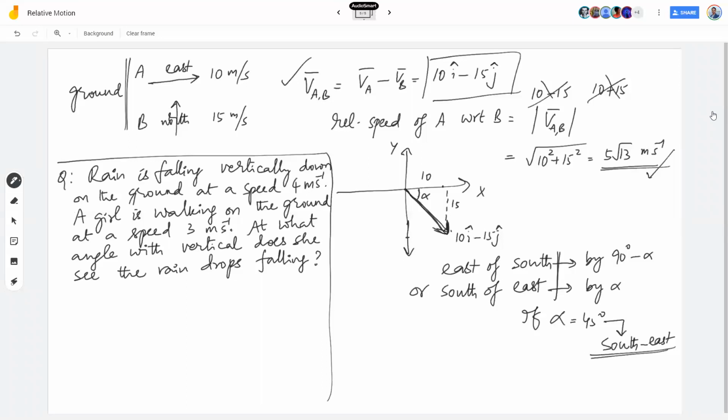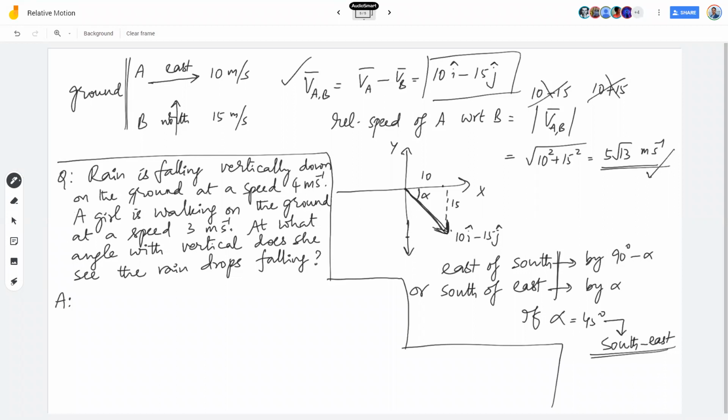At what angle do the raindrops appear to be falling to the ground? What shall we do about this? We'll try to use the relative motion approach here. See, the rain is falling down. See what three things are here. The three things in this question are the rain, the girl, and the ground.